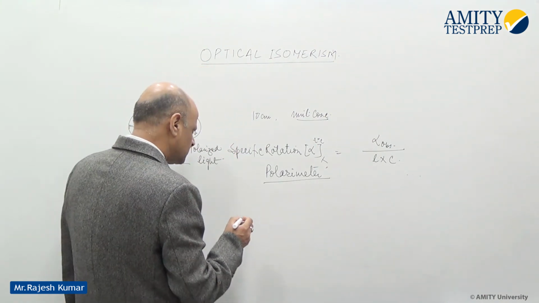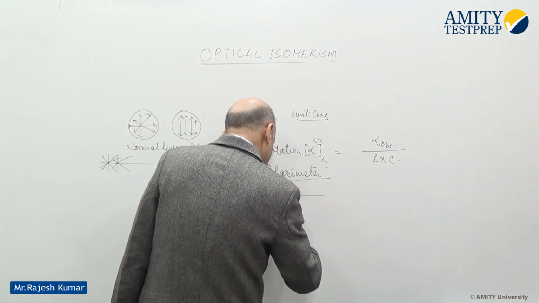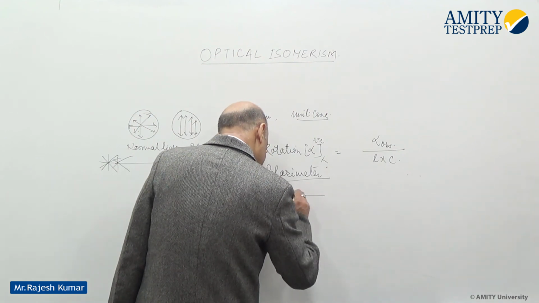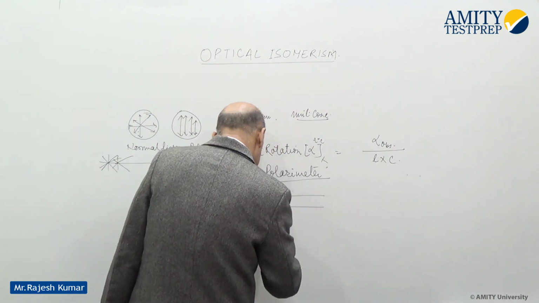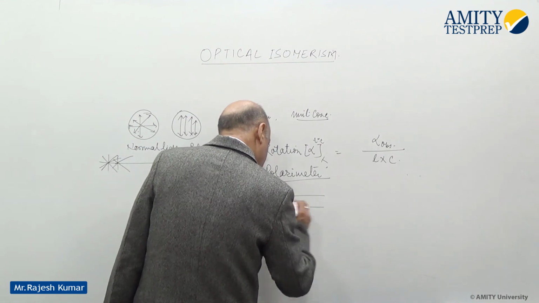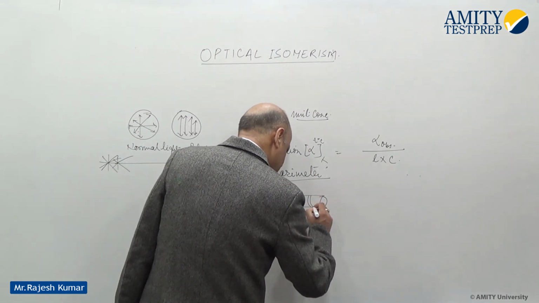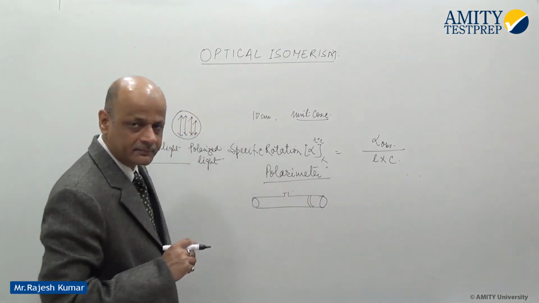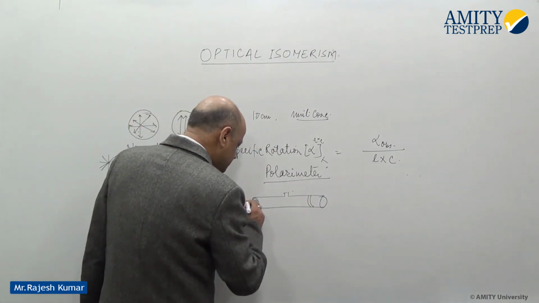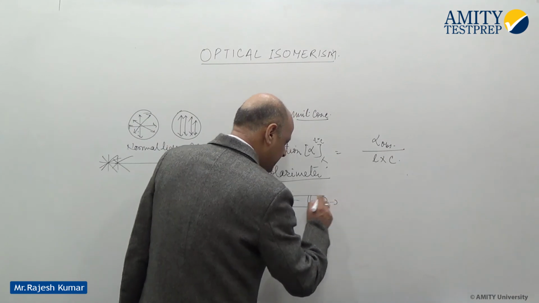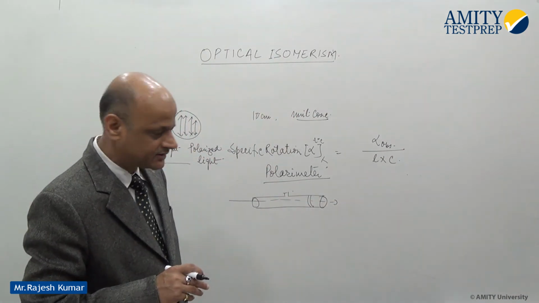Now, what is a polarimeter? It is a long tube-like structure consisting of two ends. At both ends there are lenses, and it will cause the rotation from here. Light enters through this one and emits from another side.